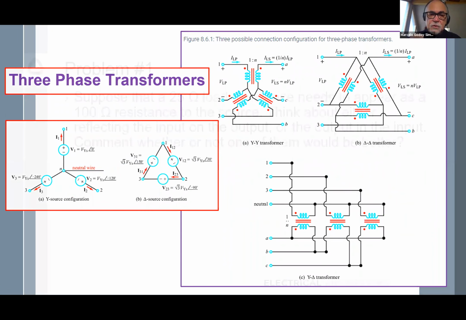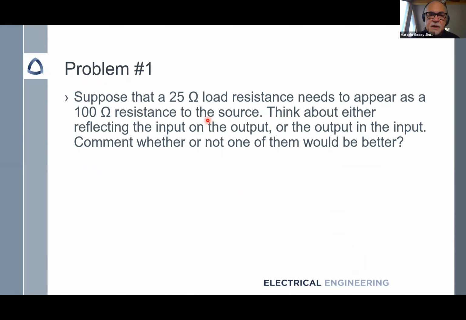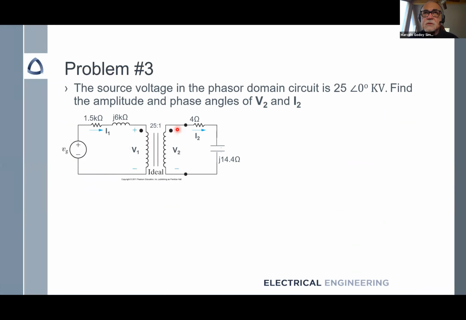But what I want you to do from today until Friday, our next class, we have three problems. Problem number 1 is here. Problem number 2 is here. Problem number 3 is here. Three problems. So between now and Friday, please review this lecture, read your textbook and try to work on those three problems.